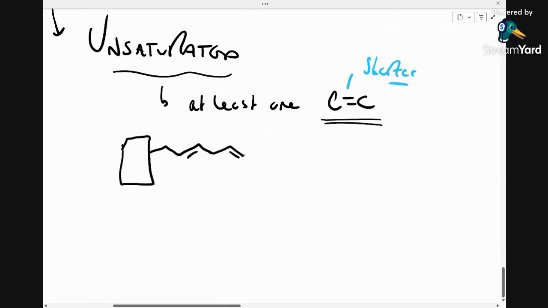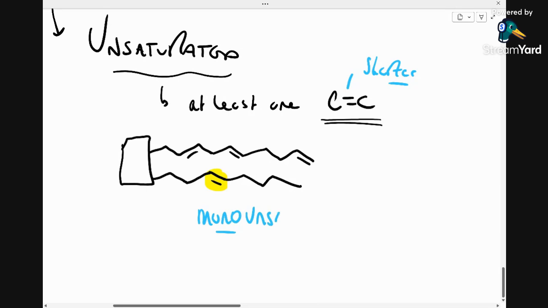You could have another one there, etc. Okay, that would be unsaturated. Let's just draw one in here. So if you have 1 carbon-carbon double bond, we say that you are mono, meaning 1, unsaturated. As opposed to something with multiple carbon-carbon double bonds, like this one, which we would say is poly unsaturated.